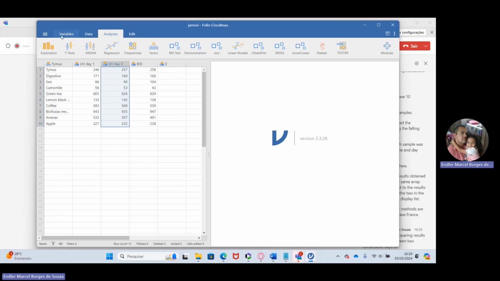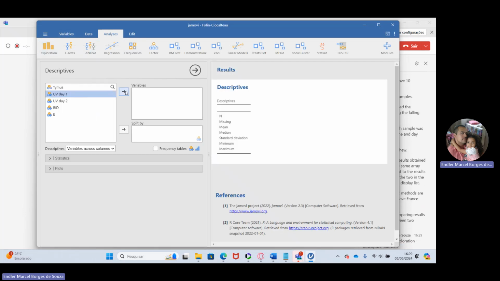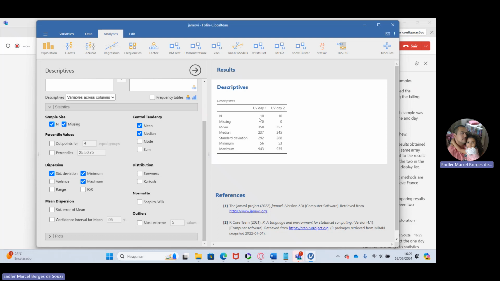So we go to exploration, descriptive statistics. We select day 1 and day 2, and we go to statistics. We have the 10 observations for each sample, that is, food samples like apples.